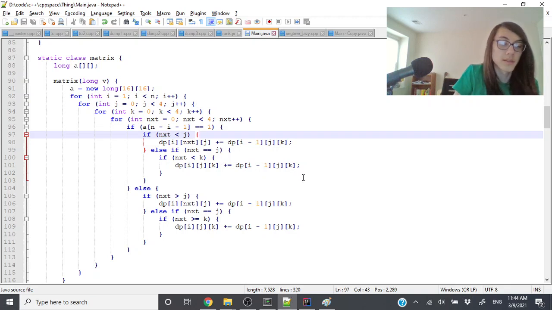So this is like, this row relies on that column.